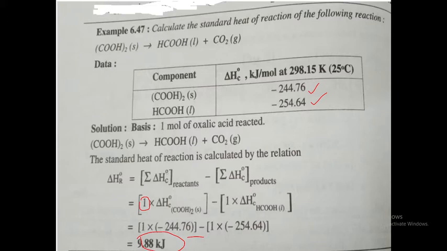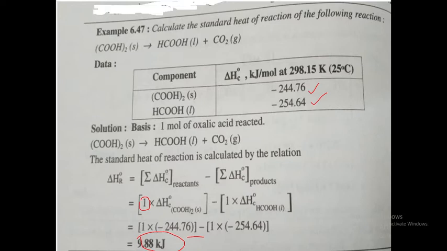Okay. In an examination, the standard heat of combustion data will be provided in the problem itself. If not, a table will be provided and we have to collect the data from the table. Are you clear or not? So how will you identify that this problem is a standard heat of reaction from standard heat of combustion?